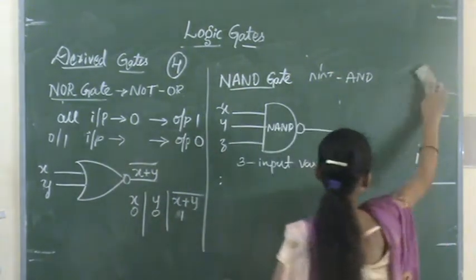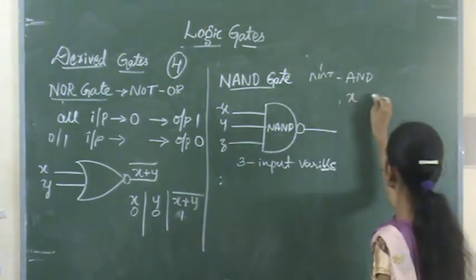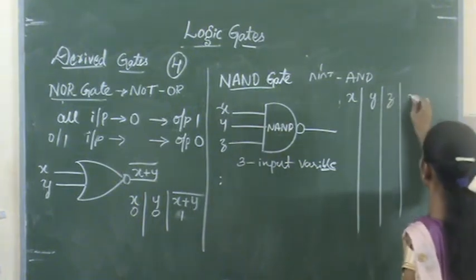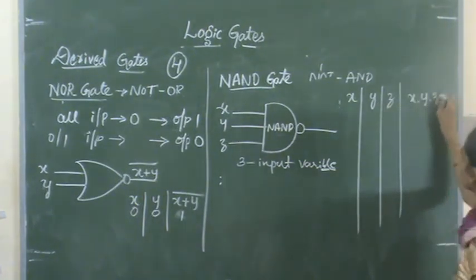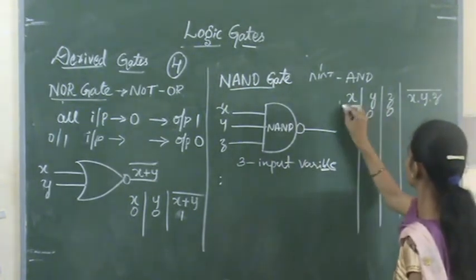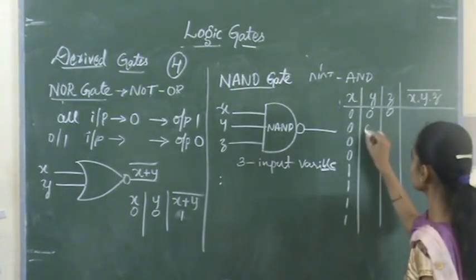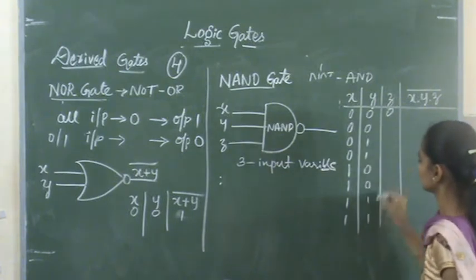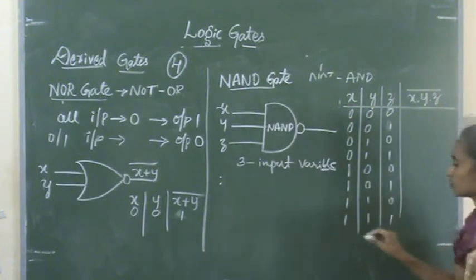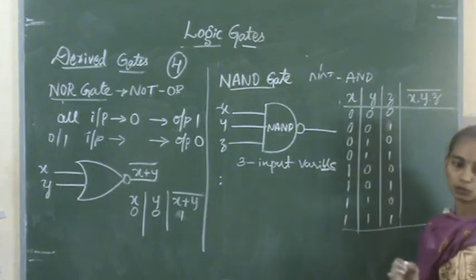We know the combinations, right? X, Y, Z, and X into Y into Z whole bar. We know the combinations of 3 variables, right?